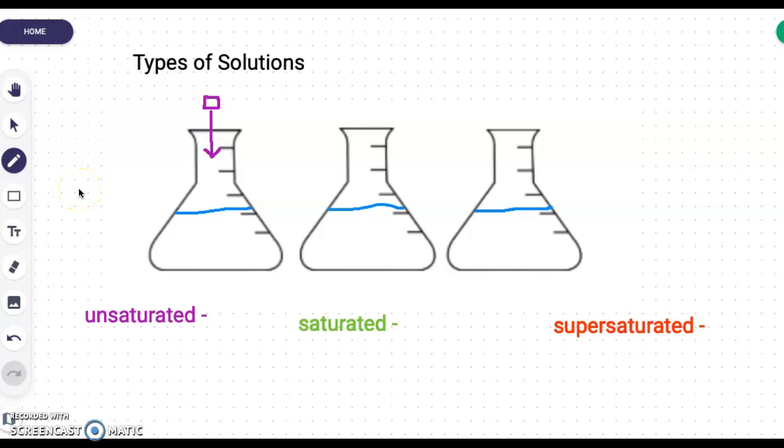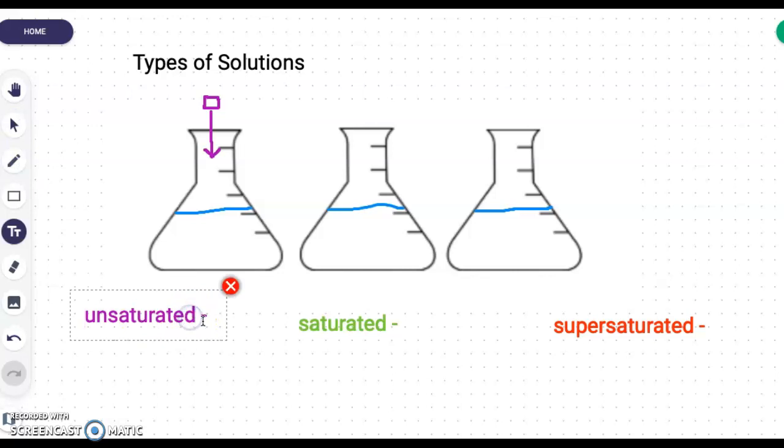And if I stir it around enough, because we haven't hit the maximum yet, when I add that crystal of solute, it's going to dissolve. So it will dissolve and become still a homogeneous mixture.